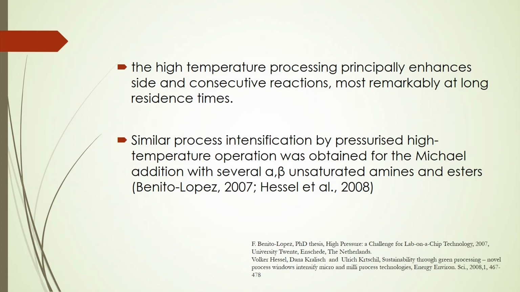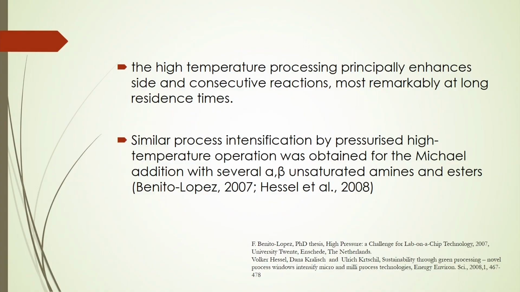And a similar process intensification by pressurized high temperature operation was obtained for the Michael addition with several alpha beta unsaturated amines and esters by Benito Lopez in 2007, and by Hessel et al. in 2008.